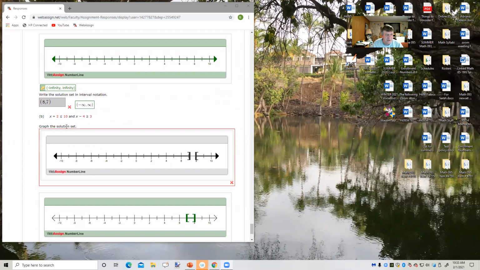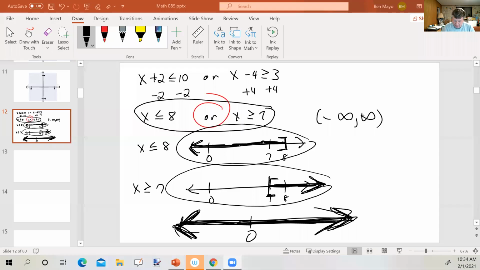Part B has the same inequalities, but now it's an and. So it's an intersection. If we go back here and take a look, where do these two intersect? Between 7 and 8.